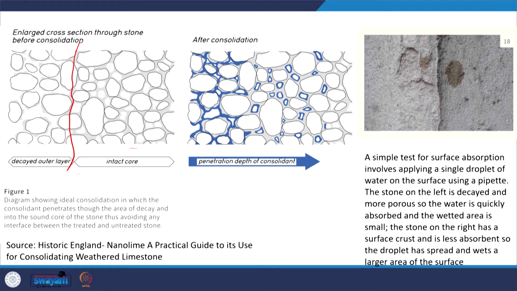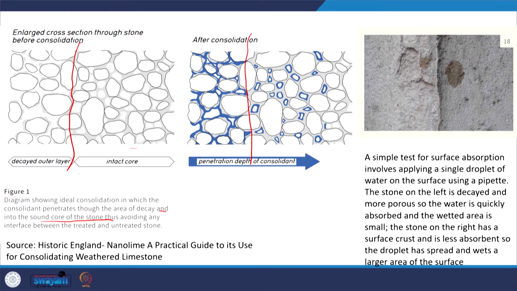In this process the consolidant penetrates through the area of decay and into the sound core of the stone, thus avoiding any interface between treated and untreated stone. Once it is decayed it can absorb more, so there is a chance of greater penetration.